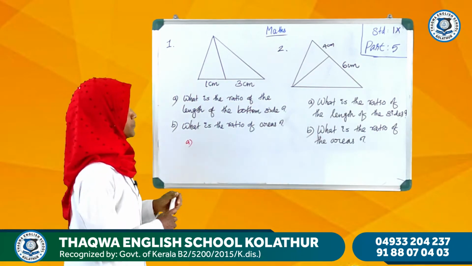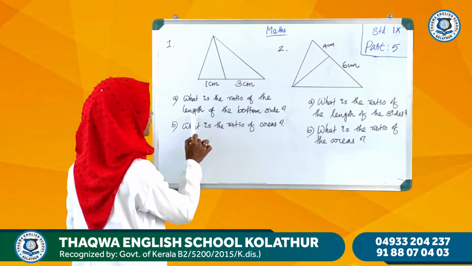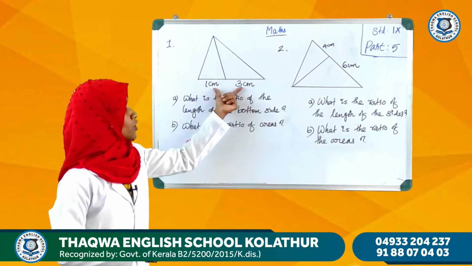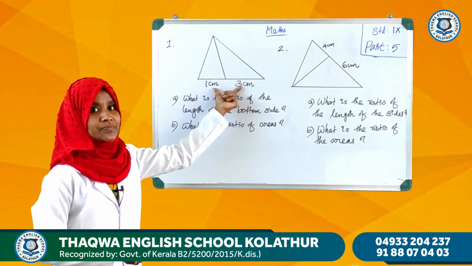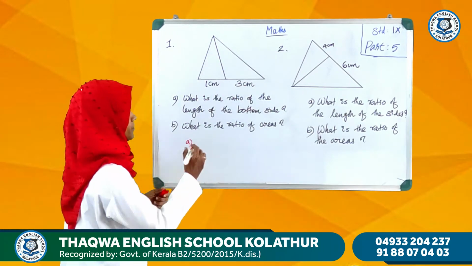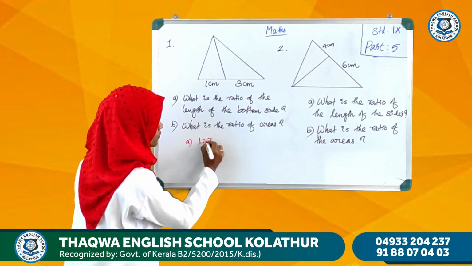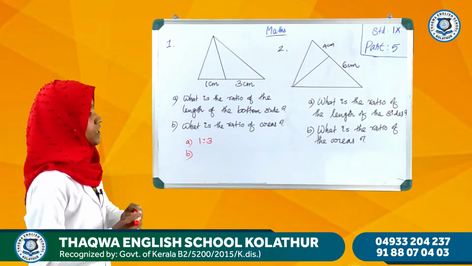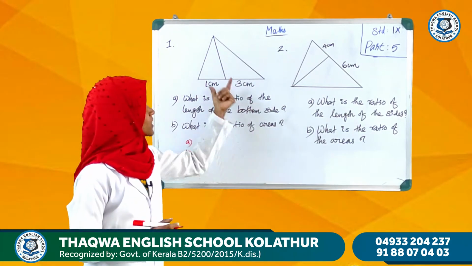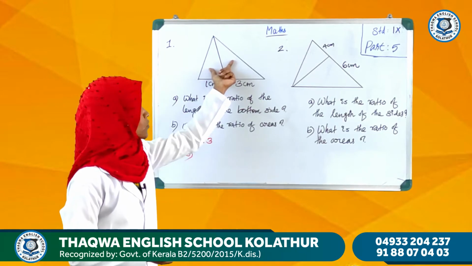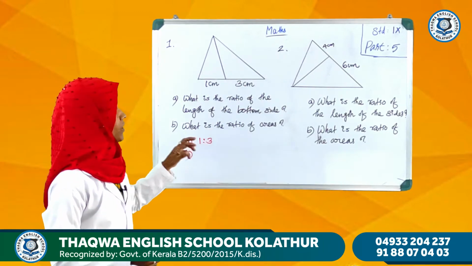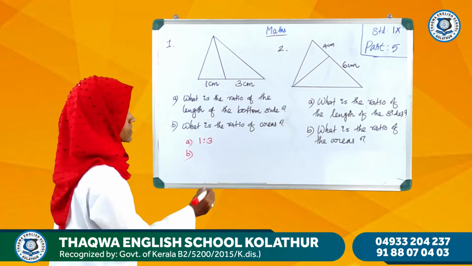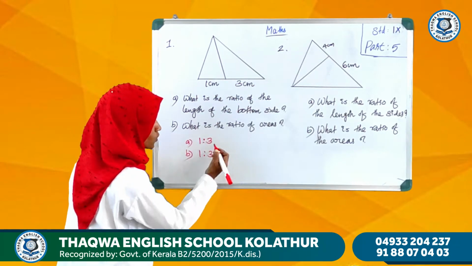What is the ratio of the length of the bottom side? Yes, 1 is to 3. Then our second part: what is the ratio of the areas of these two smaller triangles? Yes, also 1 is to 3.